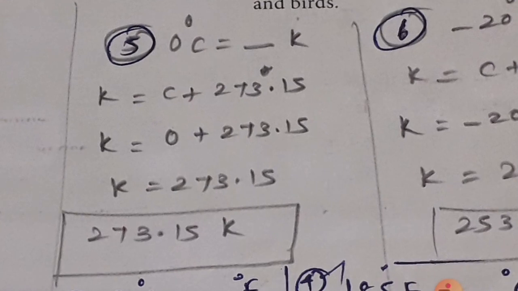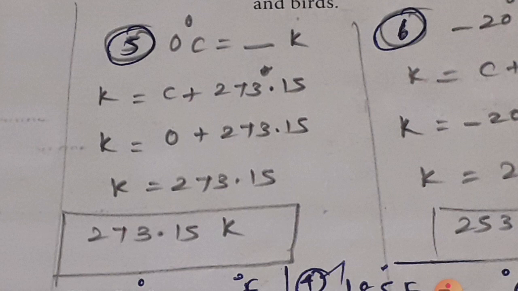K is equal to C plus 273.15. Not degree, children, 273.15, that's all. How much is C given? 0 degree Celsius. So substitute the C value: 0 plus 273.15. So K is equal to 0 plus anything, that answer is 273.15. So finally you write 273.15 Kelvin. This is your answer, children. This is clear to you children?